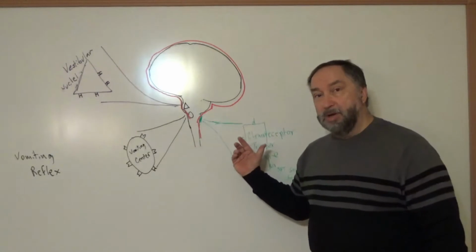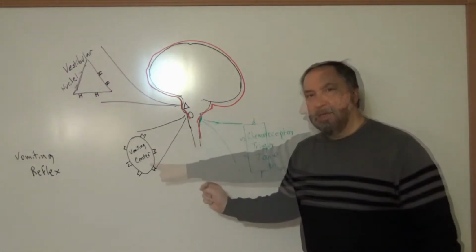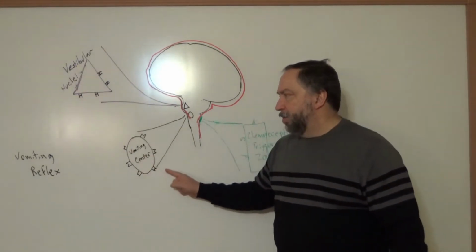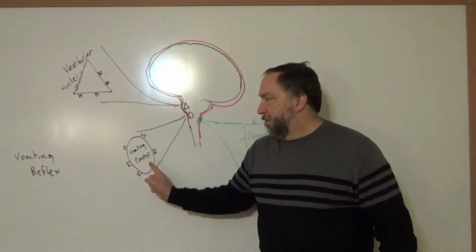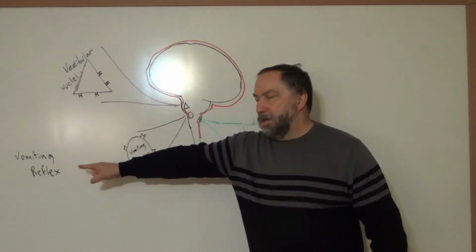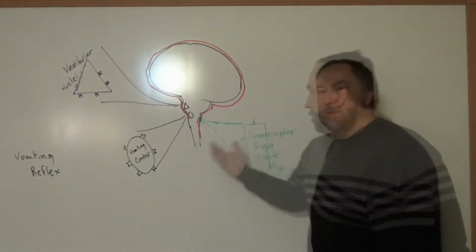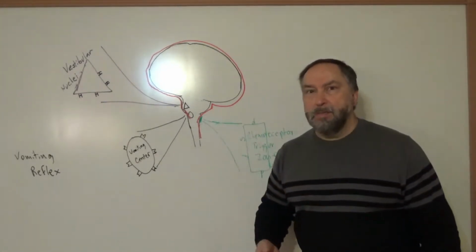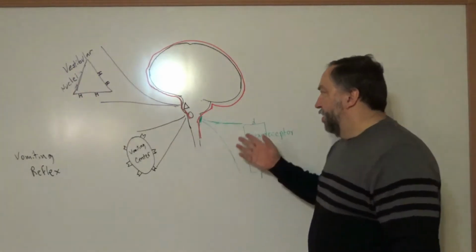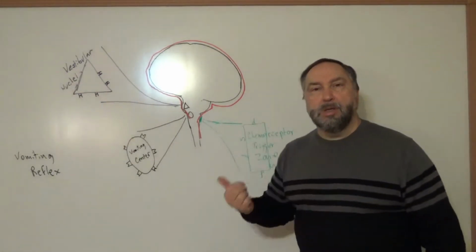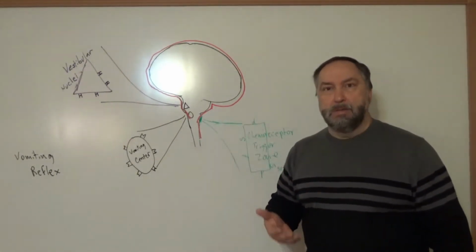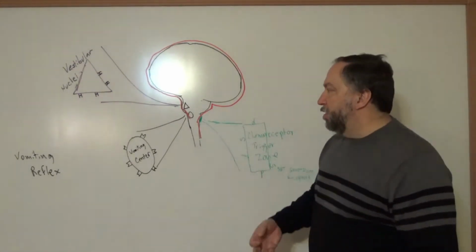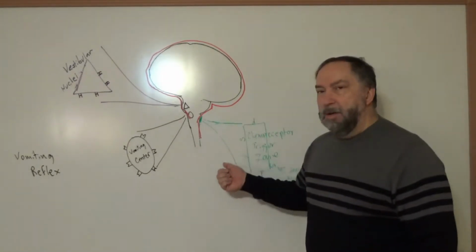Acetylcholine is the neurotransmitter used to do that, and then the acetylcholine stimulates the muscarinic receptors, and the vomiting center stimulates the vomiting reflex. That's how we get nauseous and vomit when we're given a lot of medicines, right? Because as far as the chemoreceptor trigger zone is concerned, that's poison, right? It's something that it doesn't want in the system. So a lot of medicines that make us nauseous, this is where the mechanism starts.